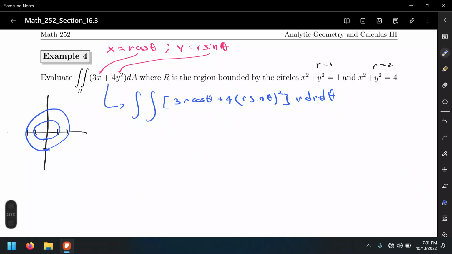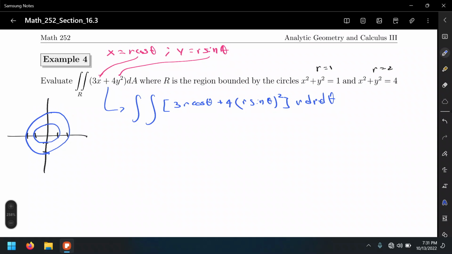So the innermost integral is an integral that depends on r. So we're going to look at the radius. In this case, we're looking at the area. Well, it's not the area, it's going to be the volume anyway. So the limits for the radius: we have the radius equals 1 and the radius equals 2.